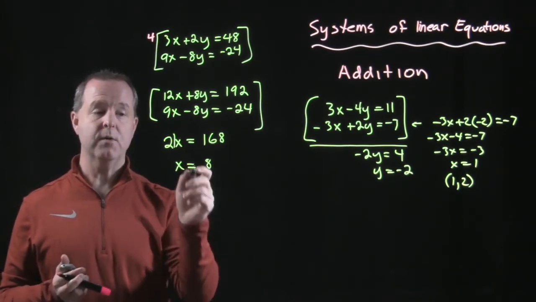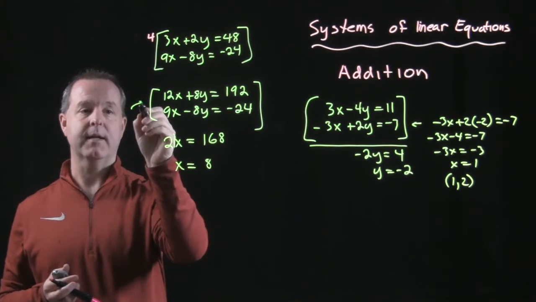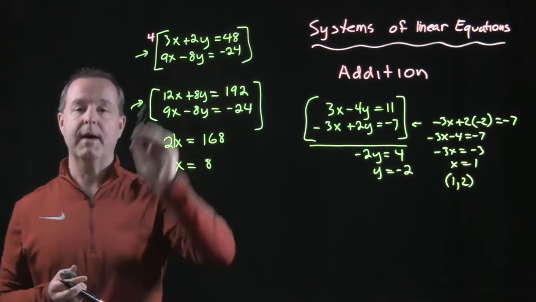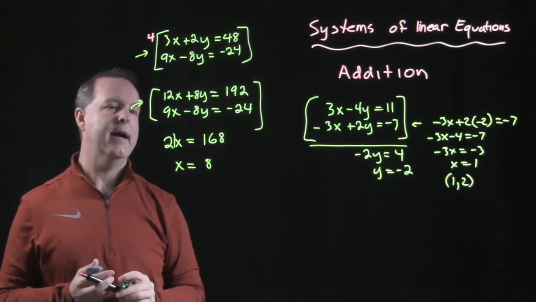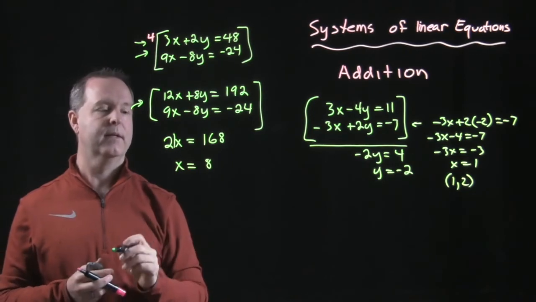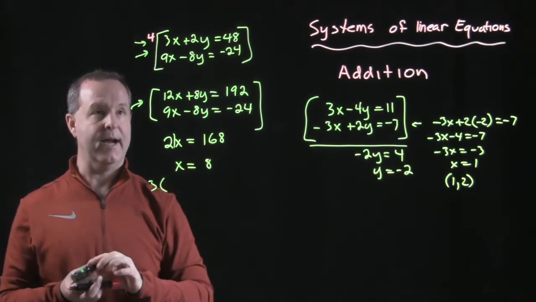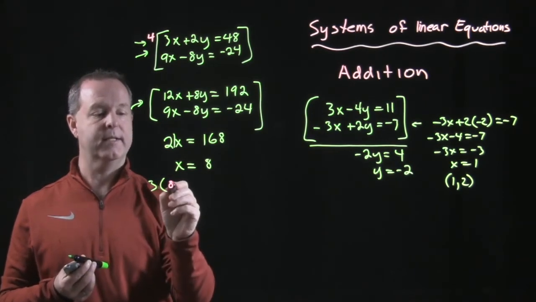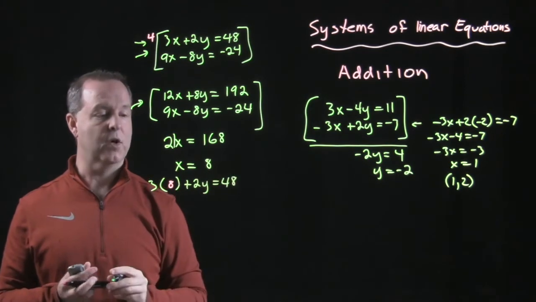So there's my value. What do I do with that value? Well, we take that value and back substitute it into either equation, whichever one looks the easiest. To me, the easiest looks like the very first one. So we would take 3 times this x, which we learned was 8, and solve for that y.